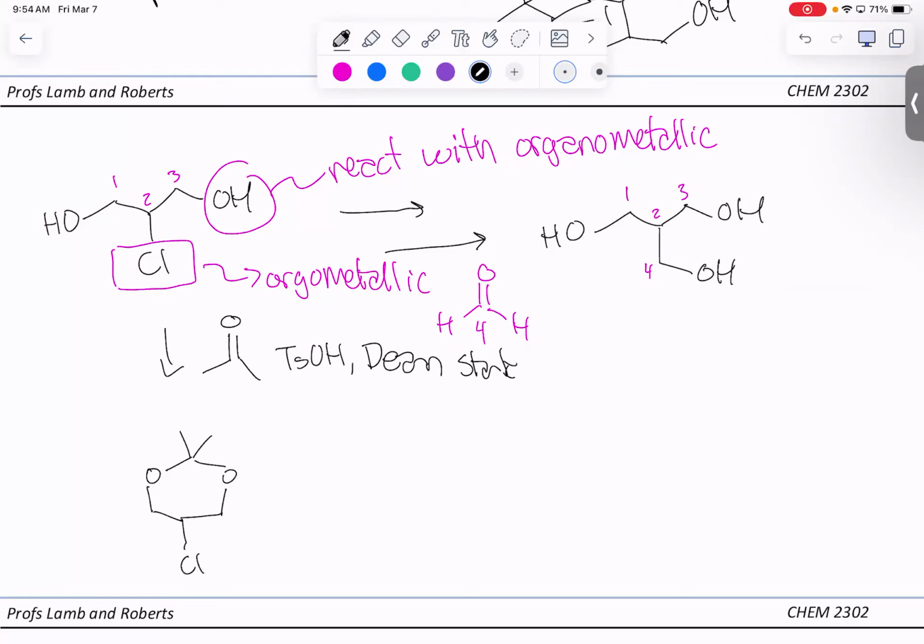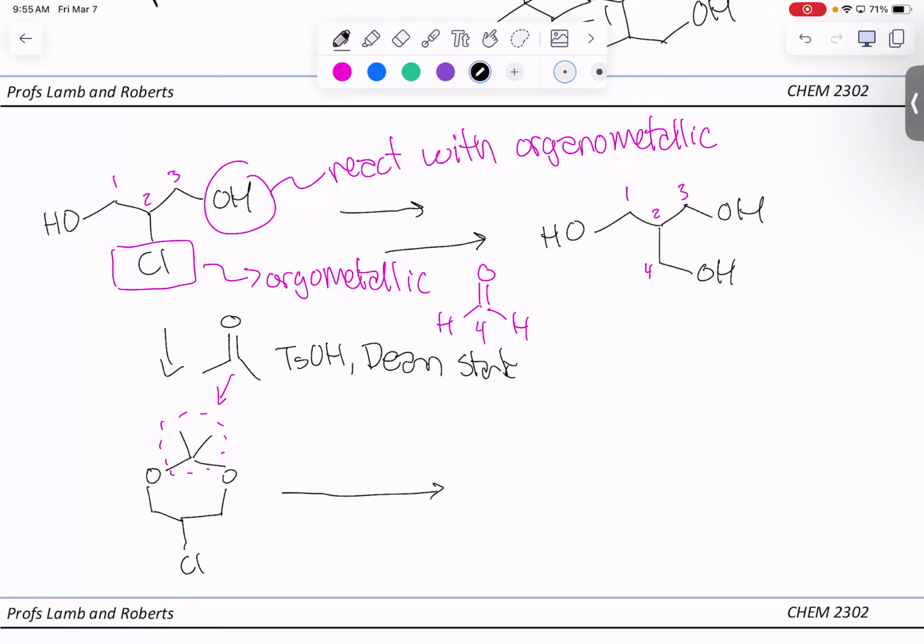We can still have our chloride here, all right? So this fragment here, this is from our acetone. All right. So previously we had focused on adding in a diol to protect a ketone. Here we're adding in a ketone to protect a diol.